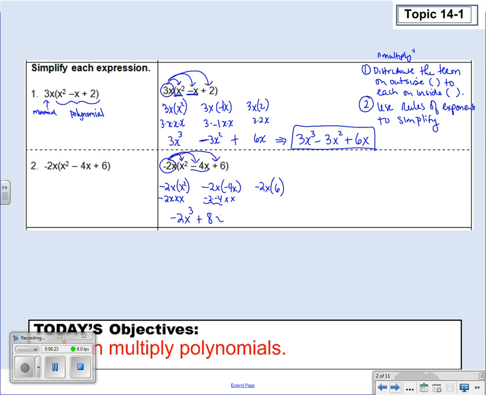And then x times x gives us x squared. Our last one, we have negative 2 times 6 and then times x. So the negative 2 times 6, that gives us a negative 12 and then an x that follows. So our final answer is negative 2x cubed plus 8x squared minus 12x.